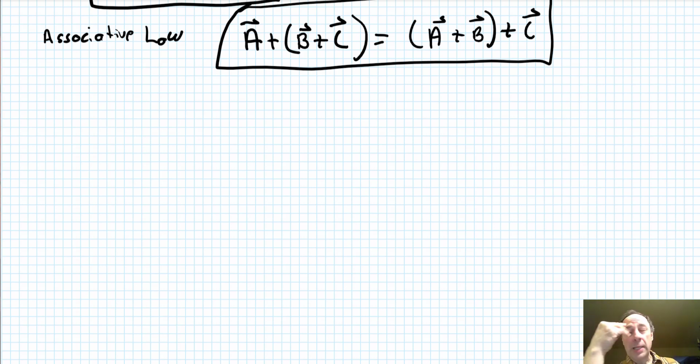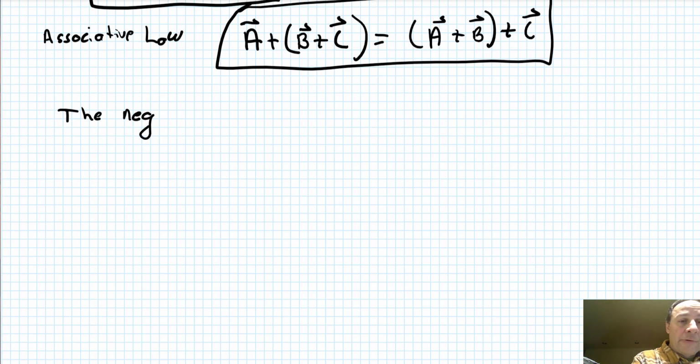But just like in mathematics, we can add a negative number and still use the laws of addition. We can do the same with vectors. So the negative of a vector, let's just write this so this is clear.